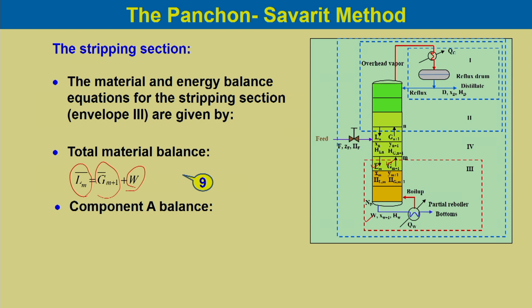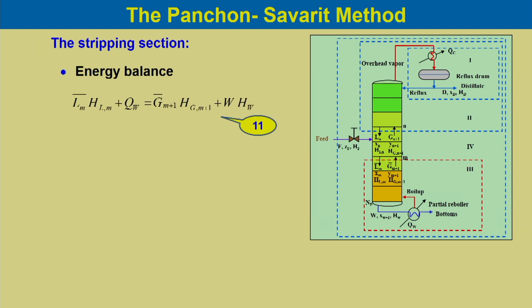Now, for the stripping section, if we do the component A balance, Lm bar having composition Xm is equal to Gm plus 1 bar having composition Ym plus 1 plus W having composition Xw. This would be W Xw. If we do the energy balance, it would be Lm bar into HLm plus Qw equal to Gm plus 1 bar Hgm plus 1 plus W into Hw. This is equation 11, the energy balance equation.